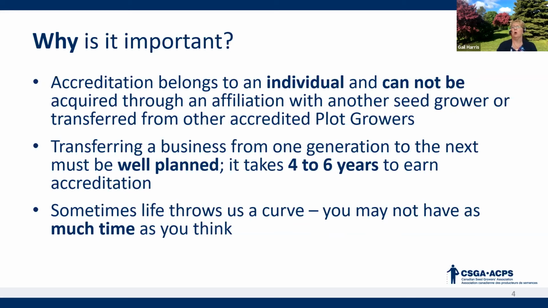If you are transferring a business from one generation to the next, it has to be well planned because it takes at least 4 years and sometimes up to 6 years to earn your accreditation. COVID has taught us that sometimes life throws us a curve, and so you may not have as much time as you think in order to do that transfer.